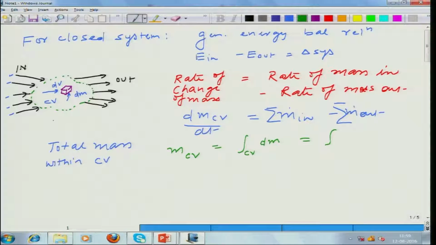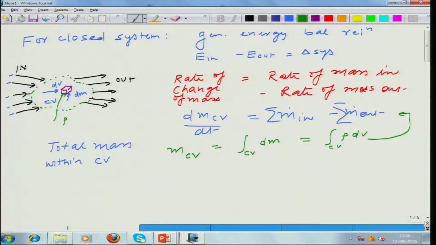Let's assume that the density of this small volume within the control volume is rho. So this would be rho times dV, the volume of the small box. This will be the expression for the mass of the control volume, and you can plug this expression back into this equation.